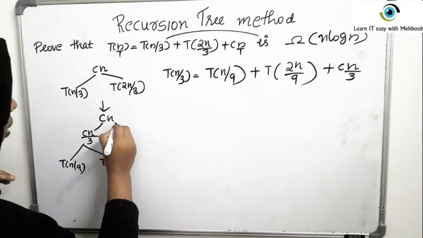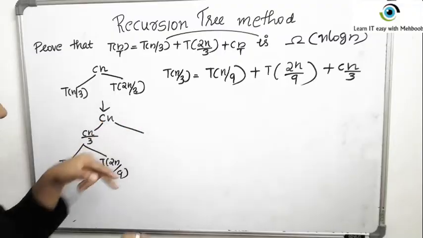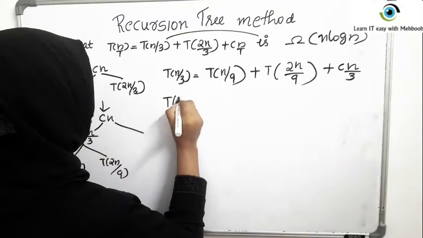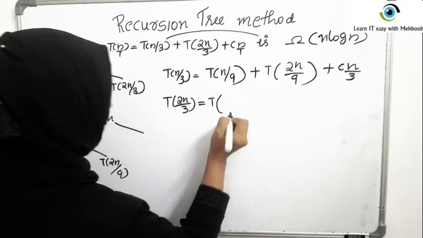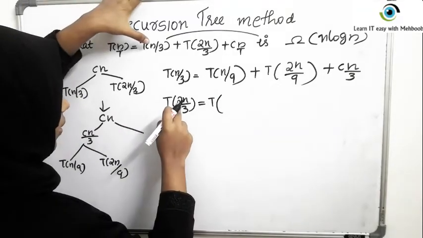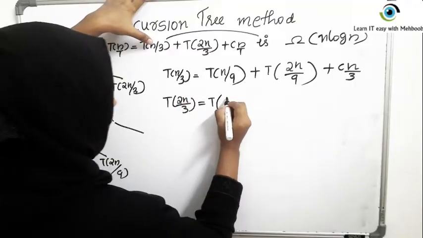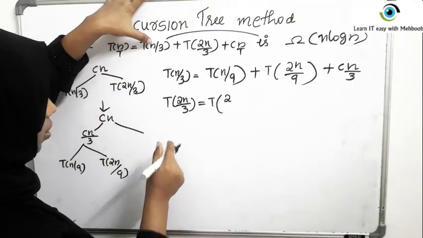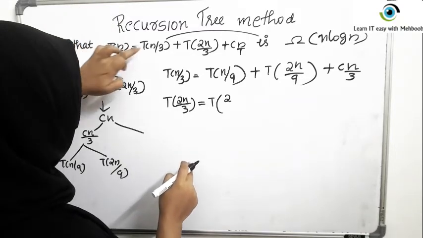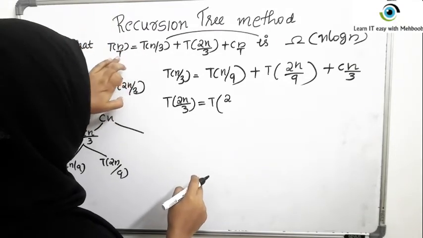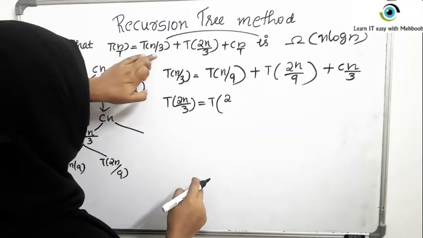Now like this, you have to expand T of 2n by 3. So T of 2n by 3 is equal to T of, see, this 2 should be copied as such. So n by 3, when it is 1, this is 3.